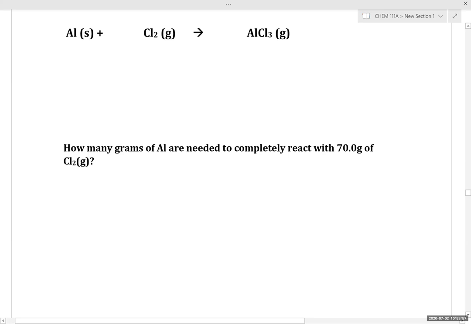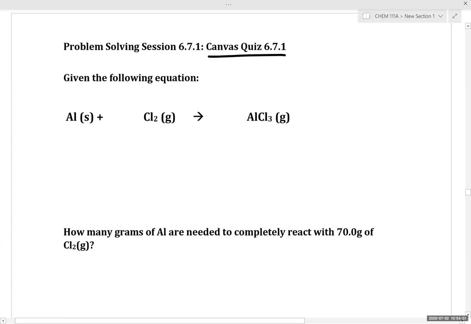So that way, when you try to apply your balanced equation, you have a balanced equation that is correct. This is Canvas quiz 6.7.1. And don't be shy to submit your responses in the chat, and I'd be happy to provide feedback. So we'll discuss our balanced equation in about 2 to 3 minutes, but you're welcome to submit your responses for both parts of this exercise in the chat or via Canvas.